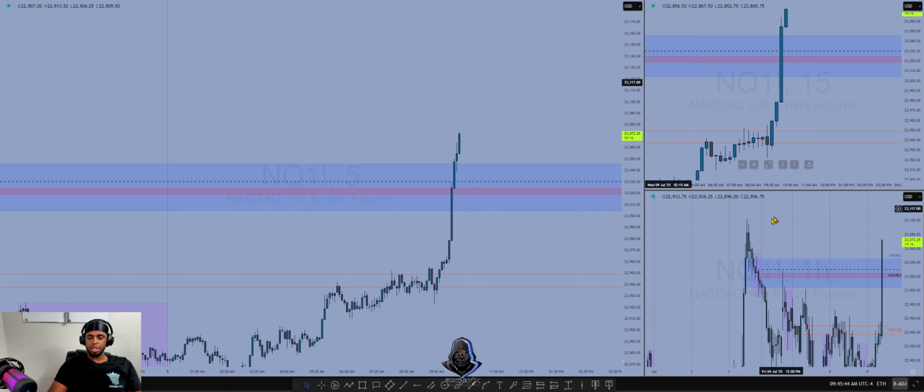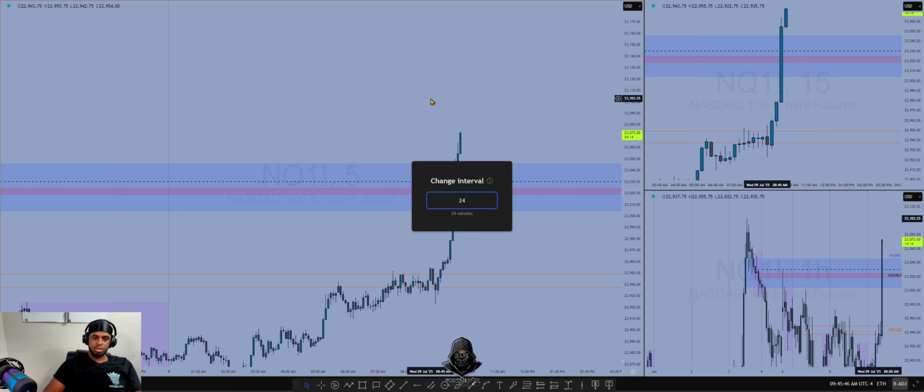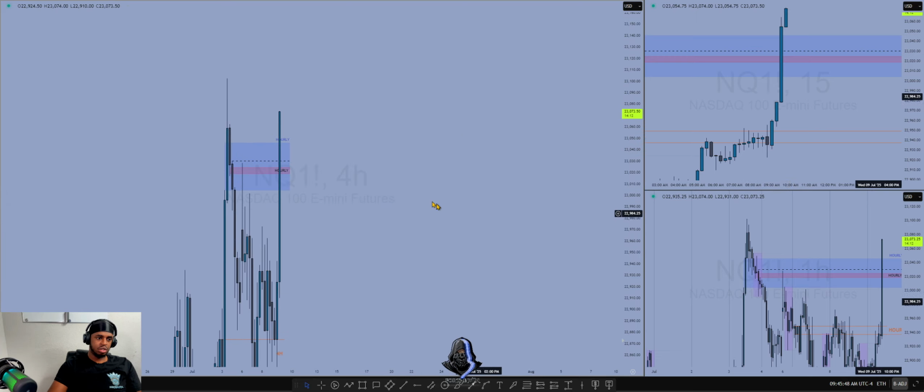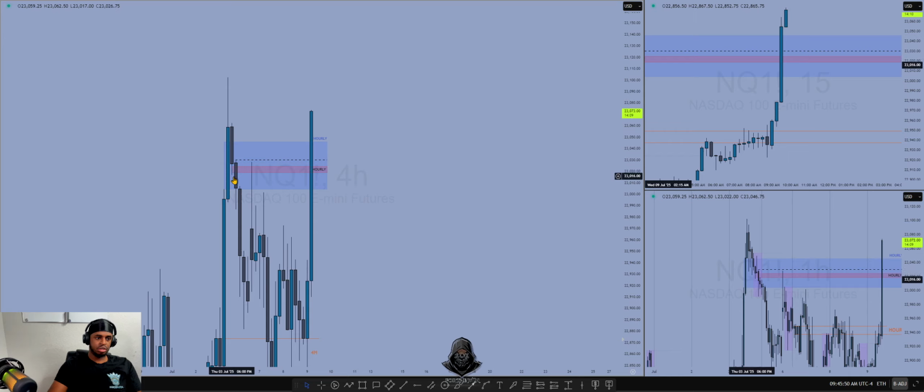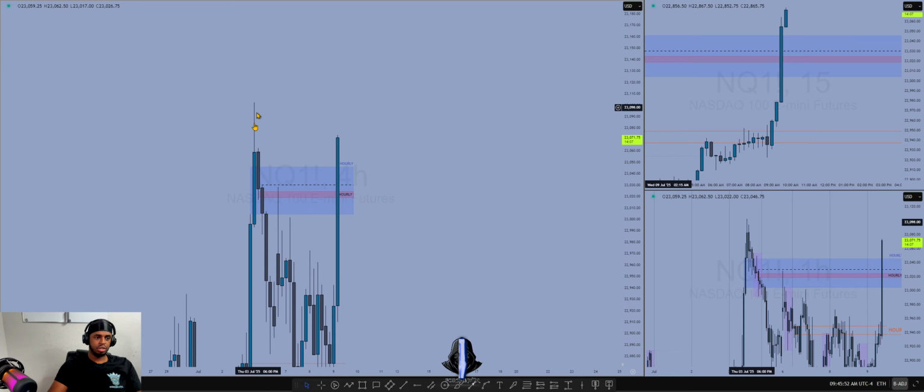Like I said, we're looking at that 4 hour here. We got this hourly. That price is blowing through, and then we're going instead of this 4 hour. Let's look at the midpoint of that.